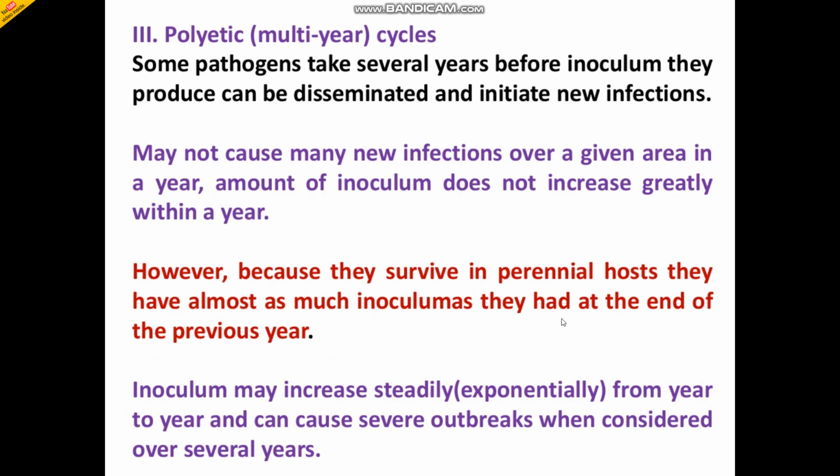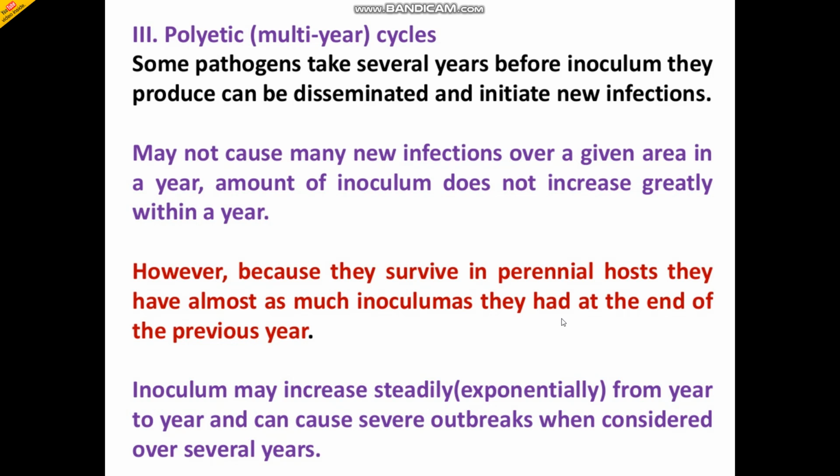Third, polyetic diseases. Some pathogens take several years before the inoculum they produce can be disseminated and initiate new infections. They may not cause many new infections over a given area in a year, and the amount of inoculum does not increase greatly within a year. However, because they survive in a perennial host, they have almost as much inoculum as they had at the end of the previous year.